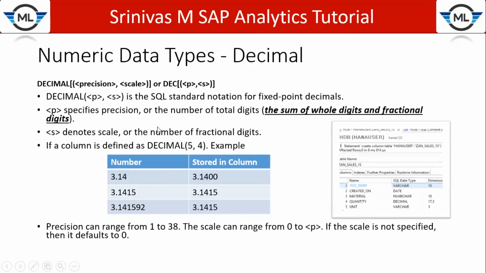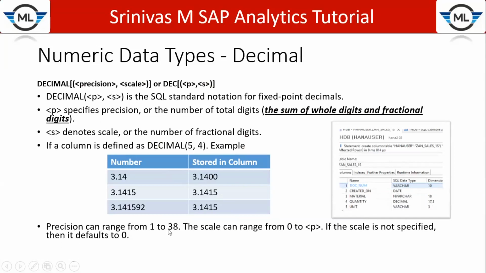Here 17 is my precision, and 3 is the number of decimals I am expecting in this quantity. Decimal is a SQL standard notation for a fixed point decimal number. When you define a data type as decimal, you need to specify two numbers: one is the precision number, another is the scale number. If you don't mention anything for scale, then the system will consider it as 0. The same point I have written at the end.